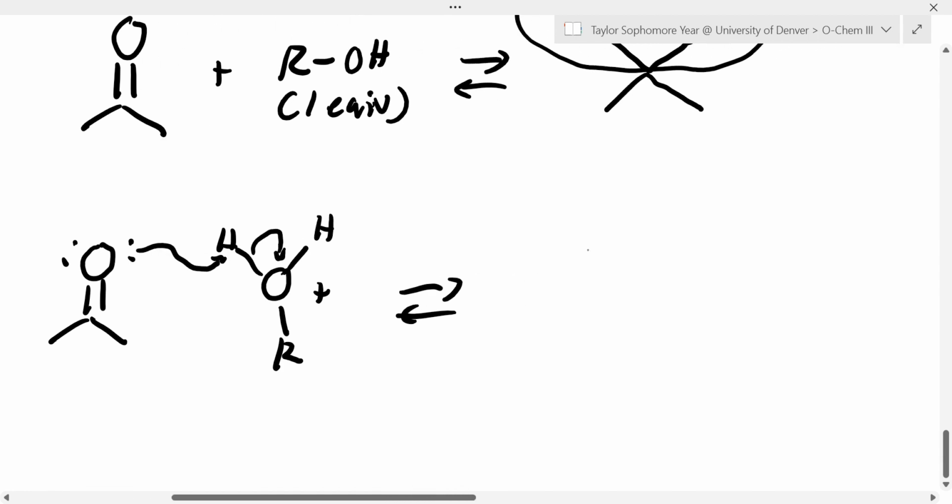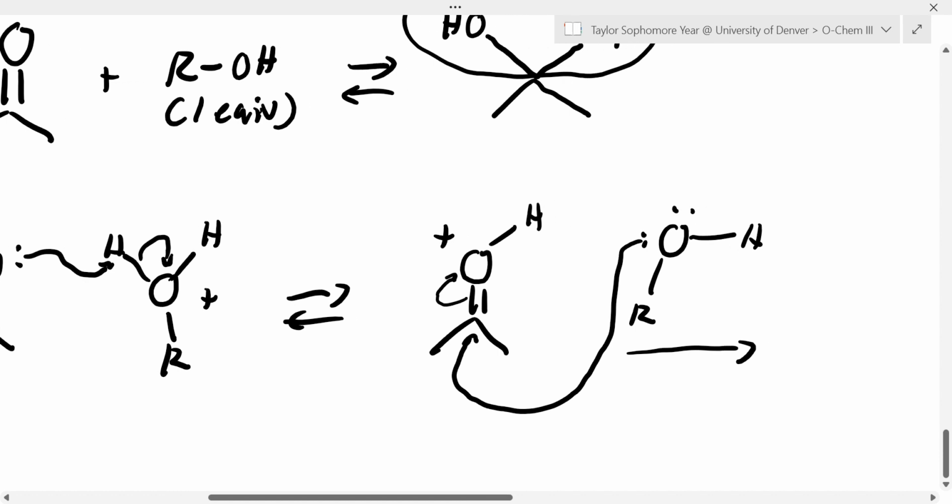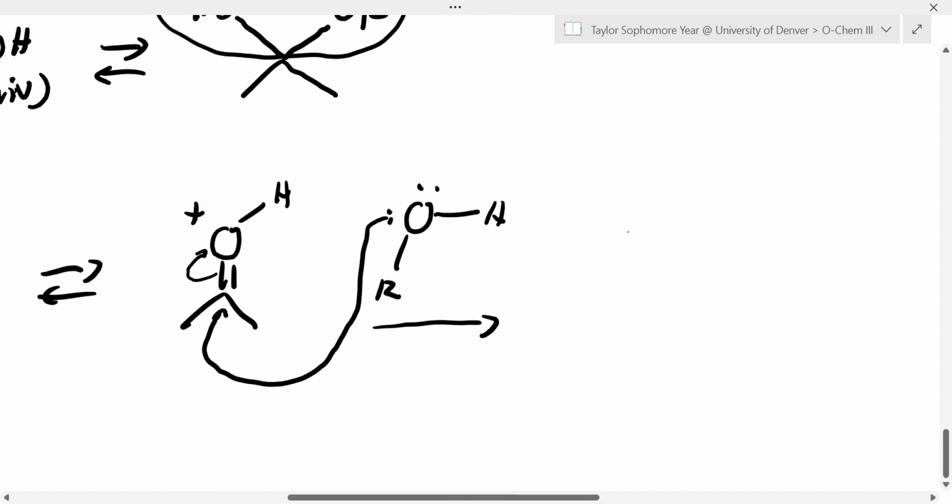From there, we'll now have this, and we can have an OH and an R group here, and this group can attack the carbon, moving this bond onto oxygen, creating OH, water, or hydrogen and R group.